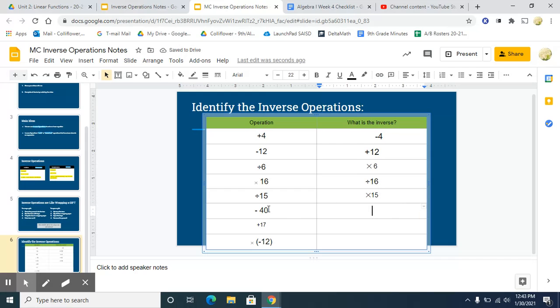If the operation is minus 40, the inverse of that would be plus 40. If the operation was plus 17, the inverse of that would be minus 17. And if the operation was times negative 12, then our inverse operation would be divided by negative 12.